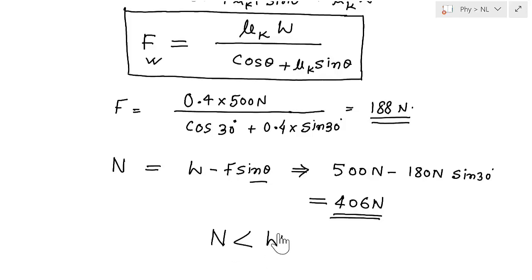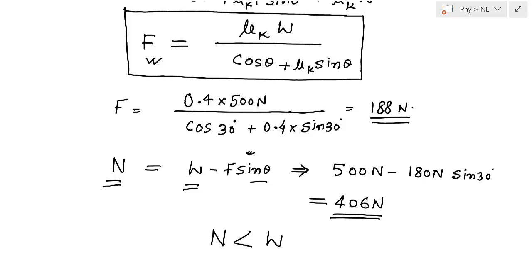If you pull with a horizontal force, that is you apply a force in the horizontal direction, in that case the normal reaction will be W. If you put theta equals 0 degree, you can find the normal reaction is nothing but W, because this term becomes 0, so normal reaction equals W. So if you pull with an angle, the normal reaction decreases.